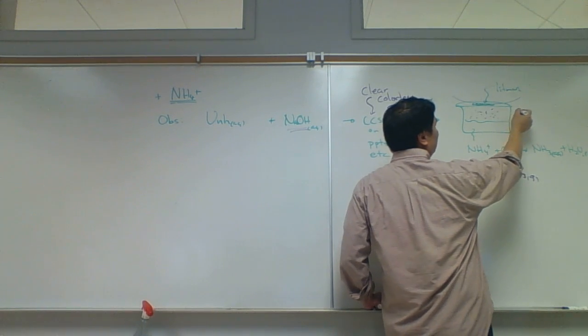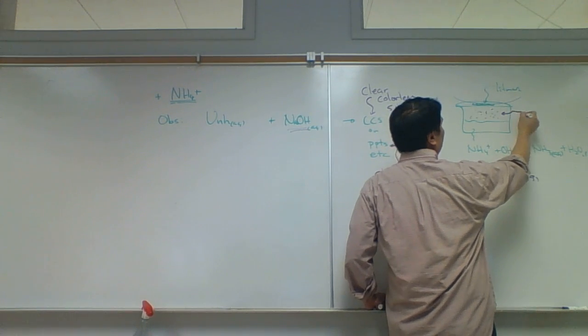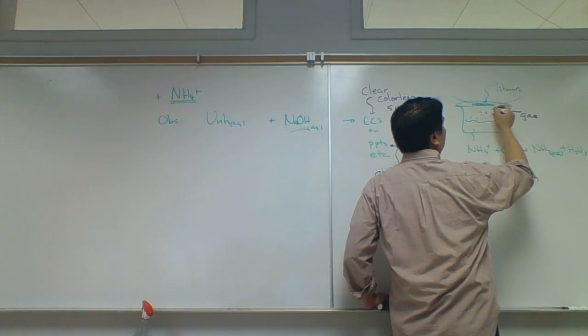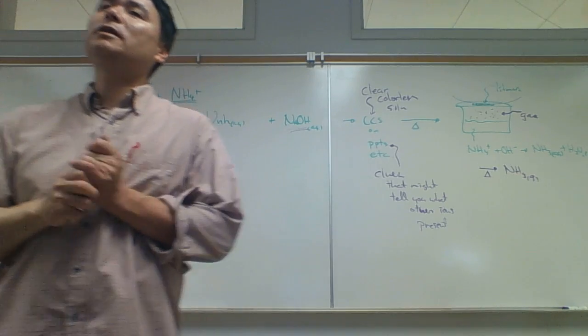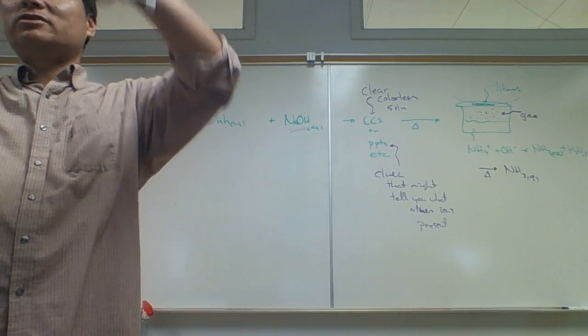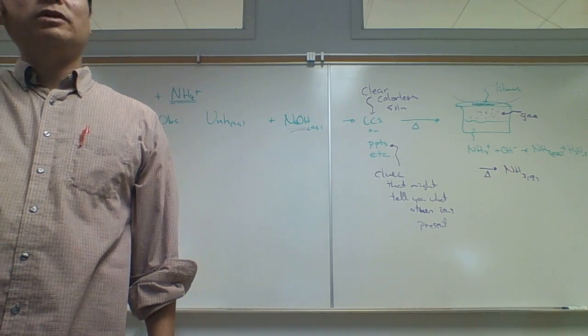We just want the gas to come in contact with the litmus, not the solution. So we let the gas rise up from the surface of the solution, and gradually it's going to change.